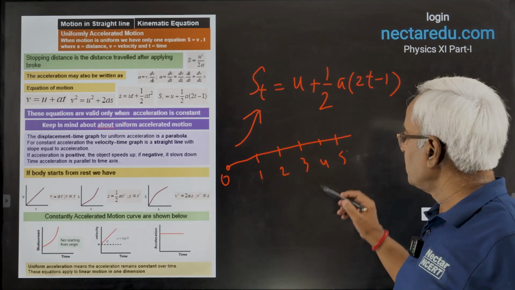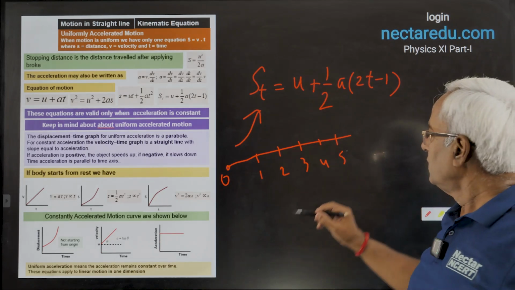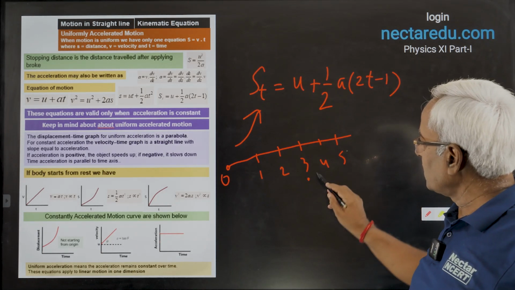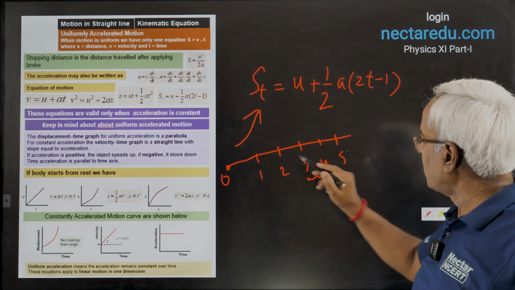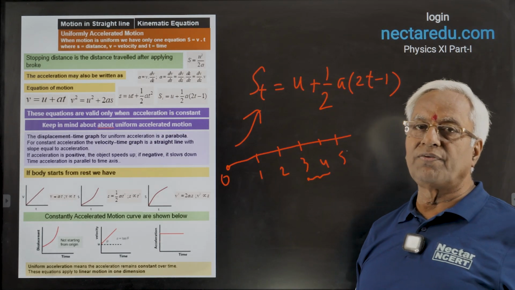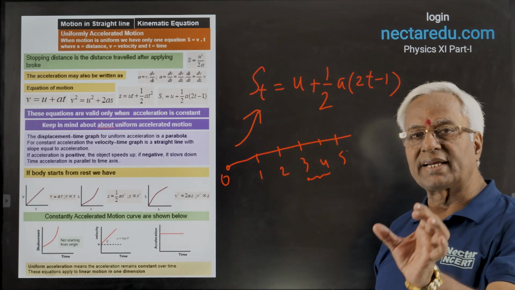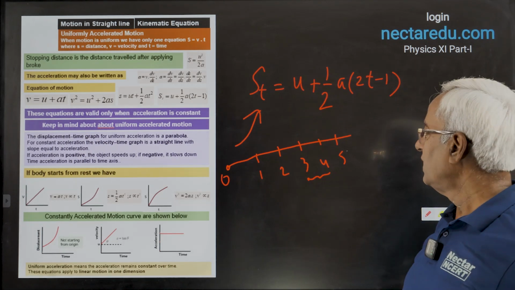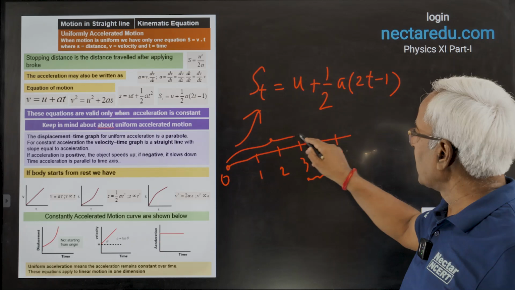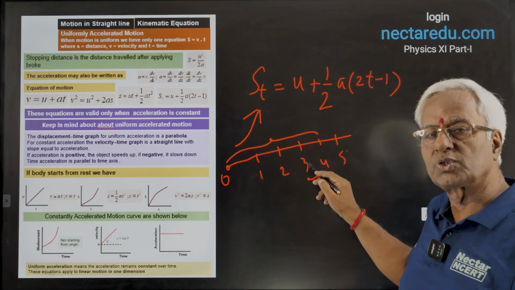The fourth second will start when the third second is over. This is starting 4 seconds from here. The fourth second is this one. Similarly, when you say tth second, it simply means the tth second will start when t minus 1 will finish. And the fourth second will be from 3 to 4.